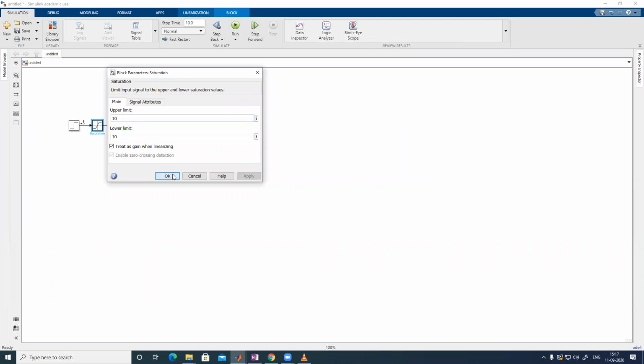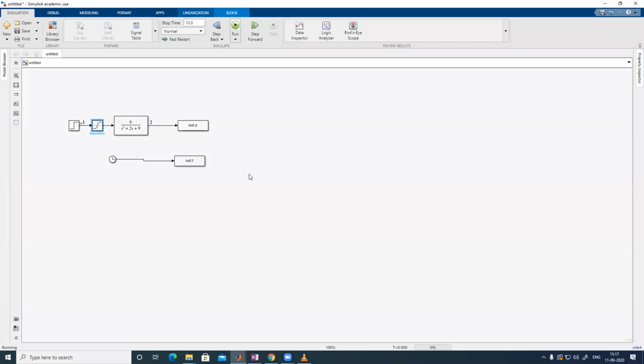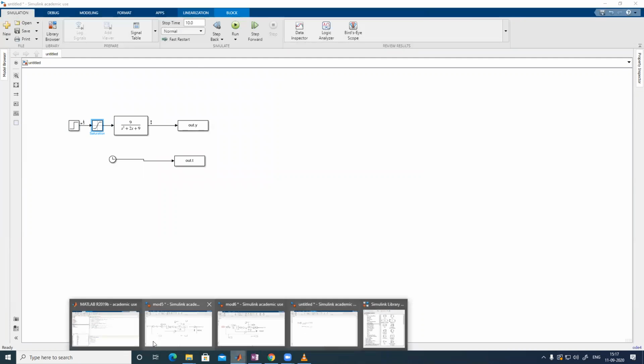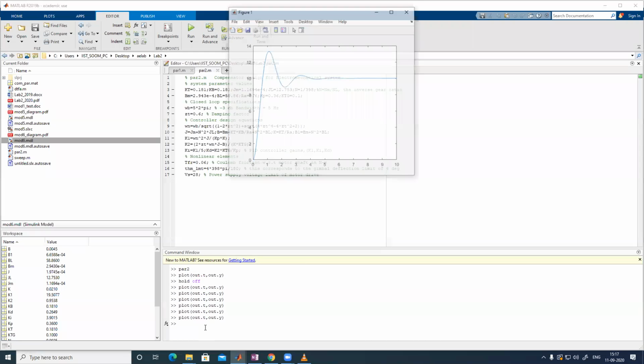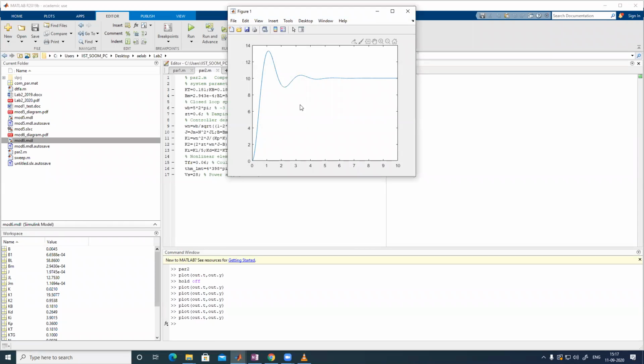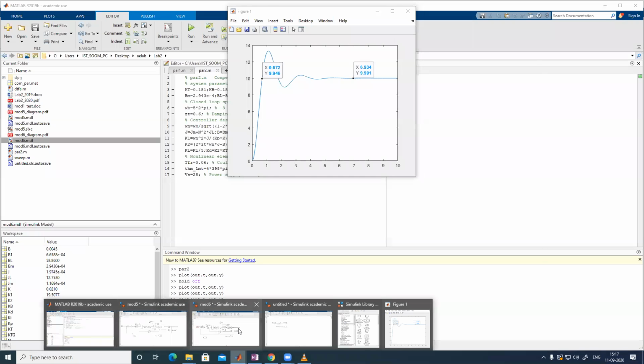Sir, run the code. It is settling to this value only, 10 only. Even 10 only.